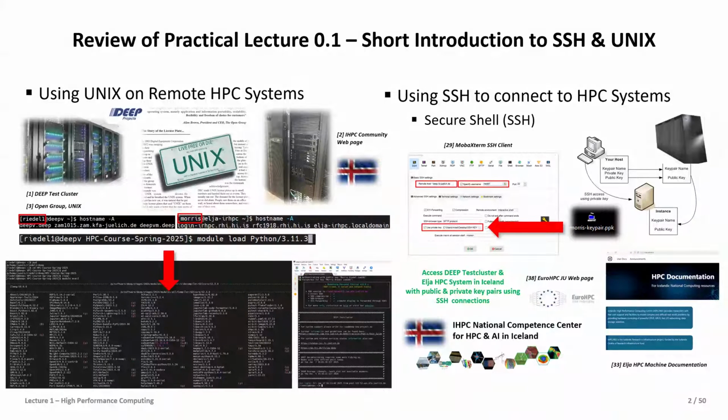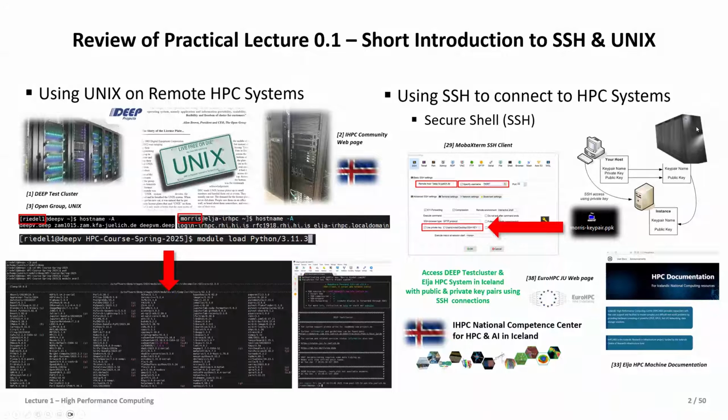The public key is something you can share with many different administrators. You can give it to the DEEP test cluster administrator. You can give it to the Elja administrator, because the public key is something which they need in order to prepare the system. So they will give you a username, usually, on these different systems.